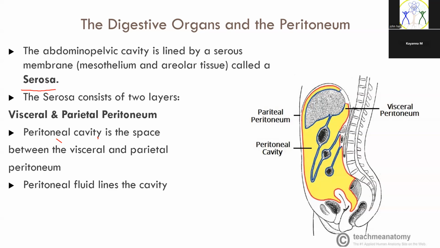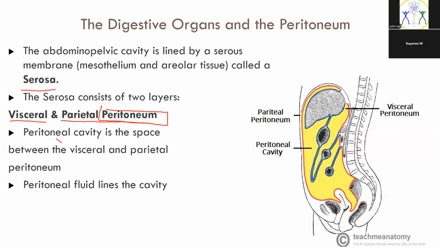And of course, our serosa is normally in two parts, a visceral part which is in direct contact with your organs in the abdominal pelvic cavity, and the parietal part of the serosa, which is in direct contact with the cavity itself. Now, the serosa in the digestive system is known as peritoneum. This is also something you'd have done in ANP1, so I know you know this one already, right?